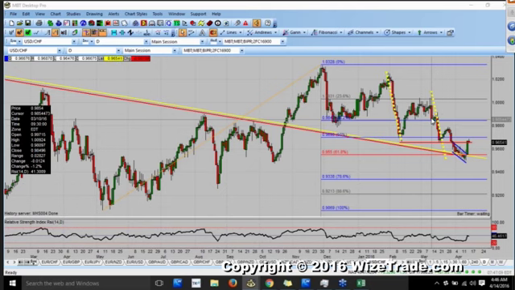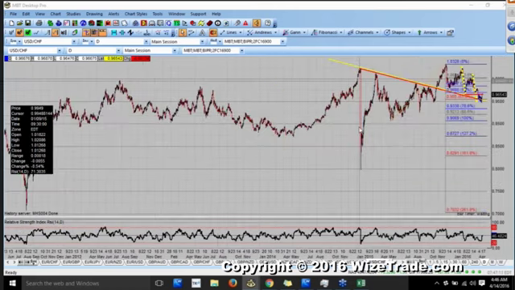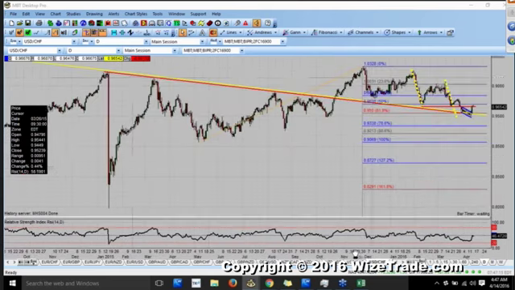They have no floor to remove. So this move that you see here cannot happen again. Well, theoretically it could, but anything can happen in the market. But the likelihood of this happening again is highly unlikely, because they were maintaining a floor and then they couldn't hold it anymore. It cost the central bank too much money.